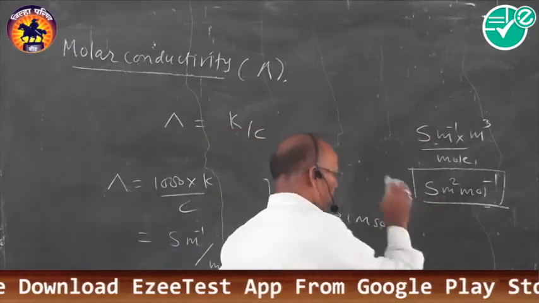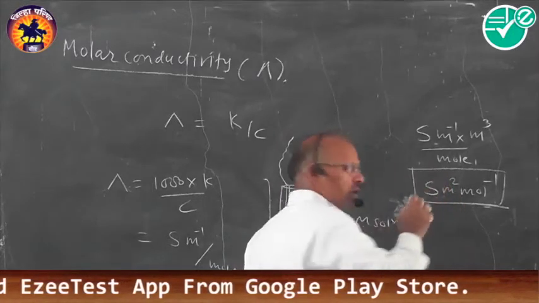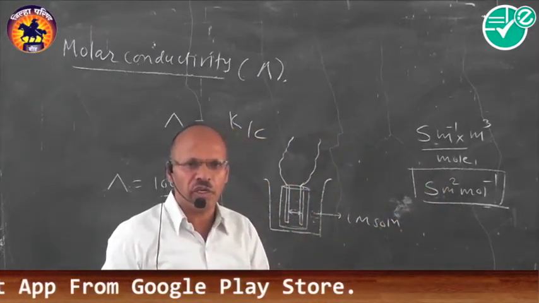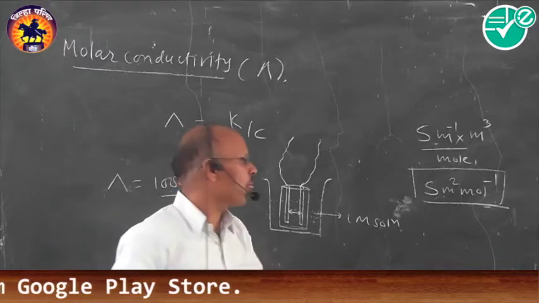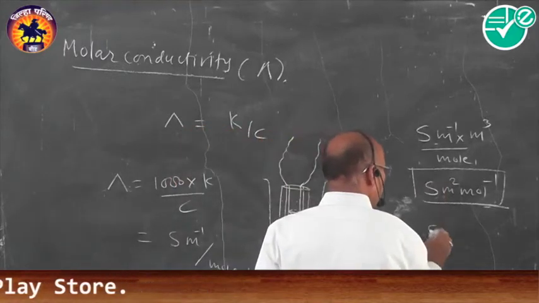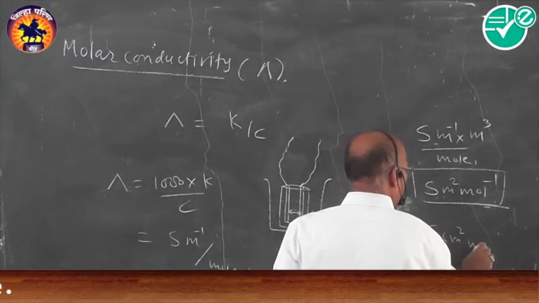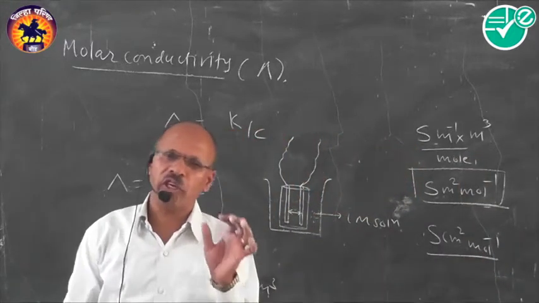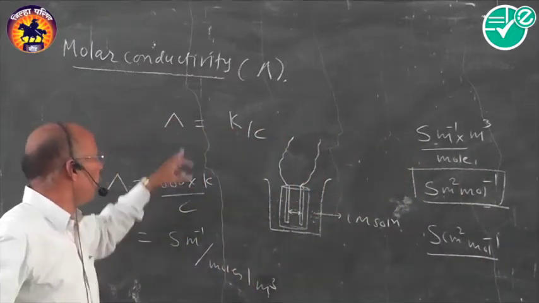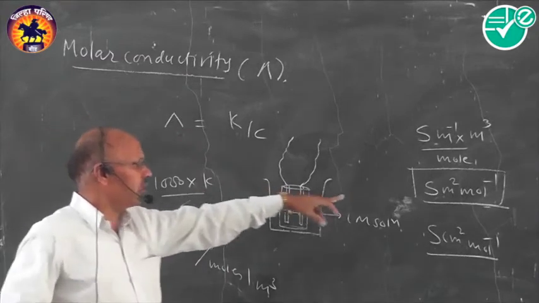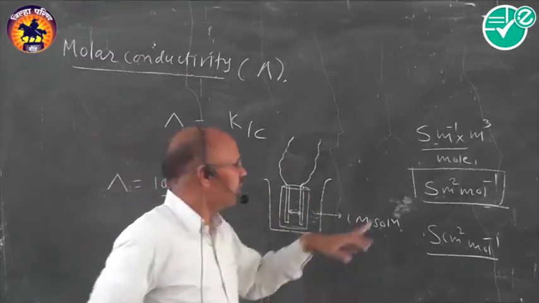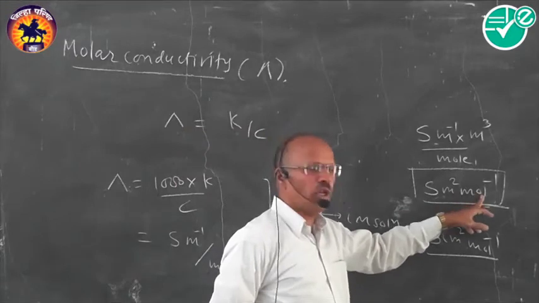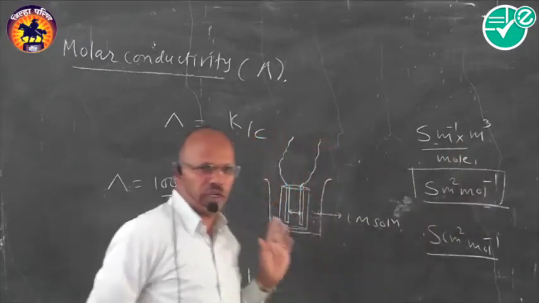Or for the sake of simplicity, since the cell constant is generally considered in centimeters, we can write Siemens centimeter square per mole. So in numericals, this will be the unit for molar conductivity.